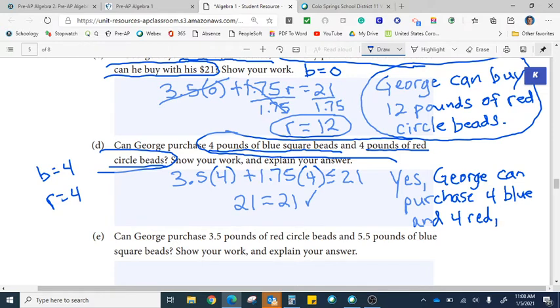And we can say because the amount is equal to $21.